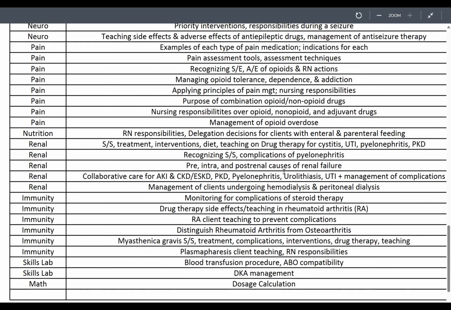Adding side rails, just follow agency policy, because now there are hospitals that do not do that because they don't want to label the patient, because people will see the side rails are padded and think, oh, this seizure boy. So they don't want that stigma. So again, follow agency policy. But yes, padded side rails, we should do that.